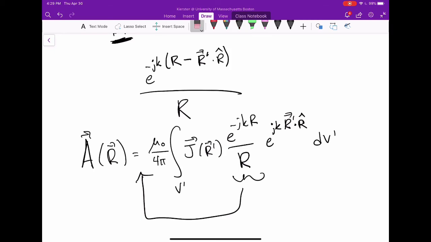The far field approximation is the thing that makes the radiation integral exactly the same as a Fourier transform.